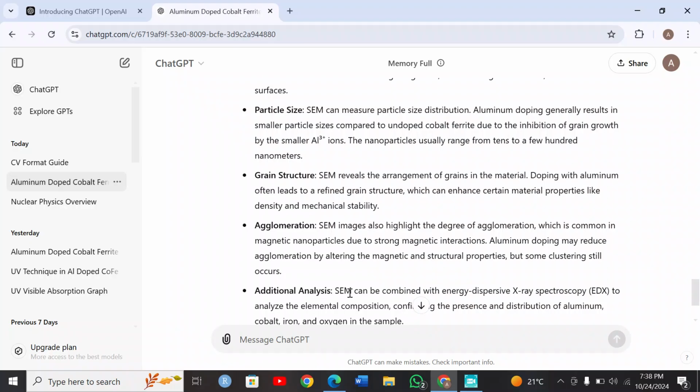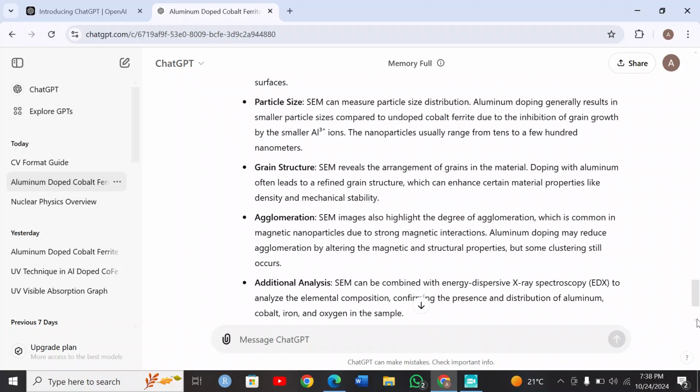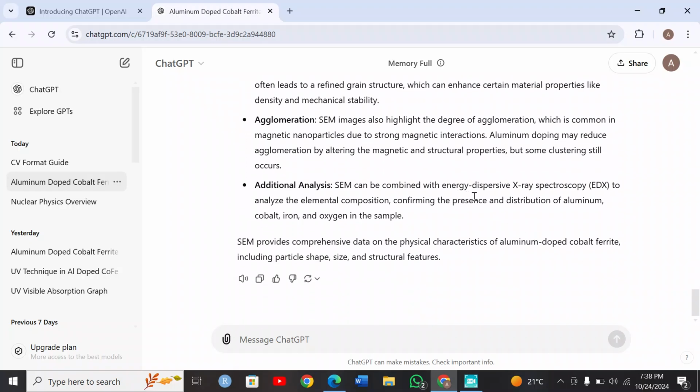Additional analysis. SEM can also be combined with EDX, energy dispersive X-ray spectroscopy, to analyze the element composition, confirming the presence and distribution of aluminium, cobalt, and oxygen in the sample.